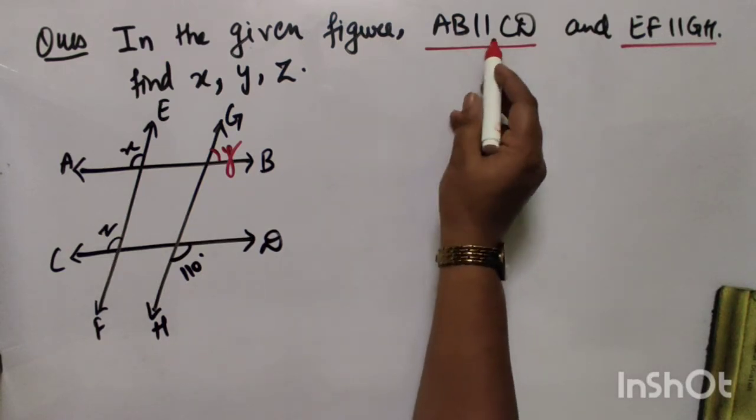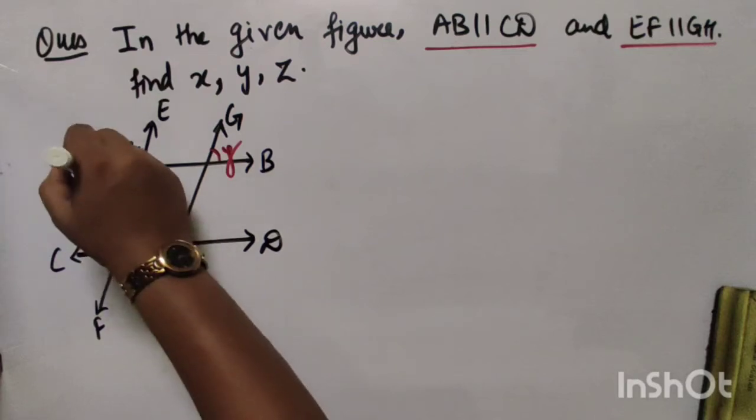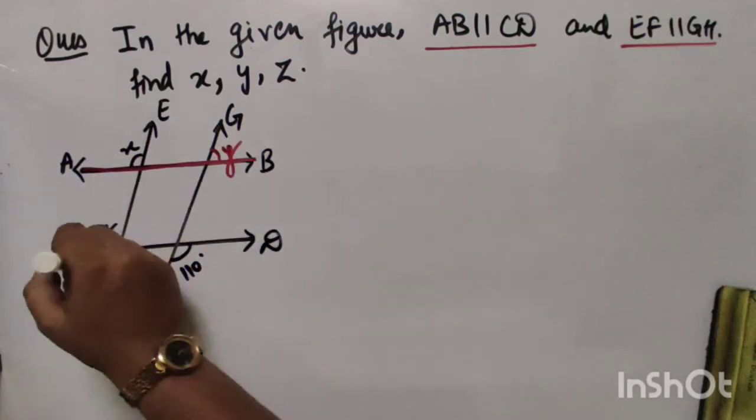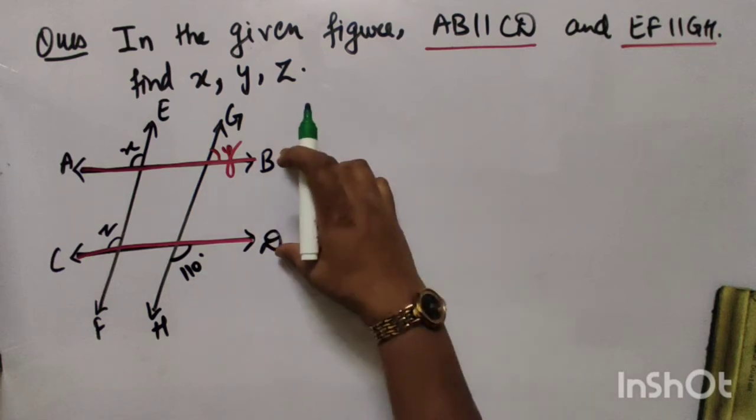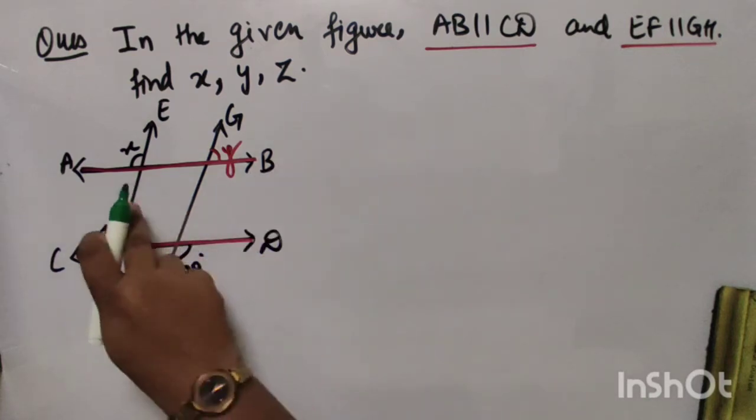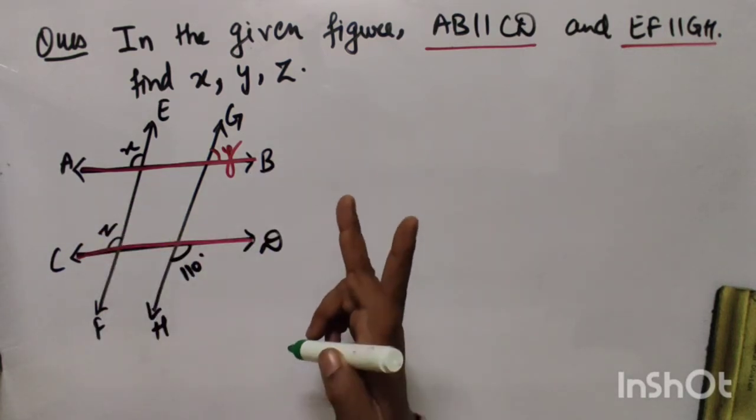AB is parallel to CD, so let's mark AB first. This is AB and this is CD, and they are parallel. Both lines are being intersected by two lines.